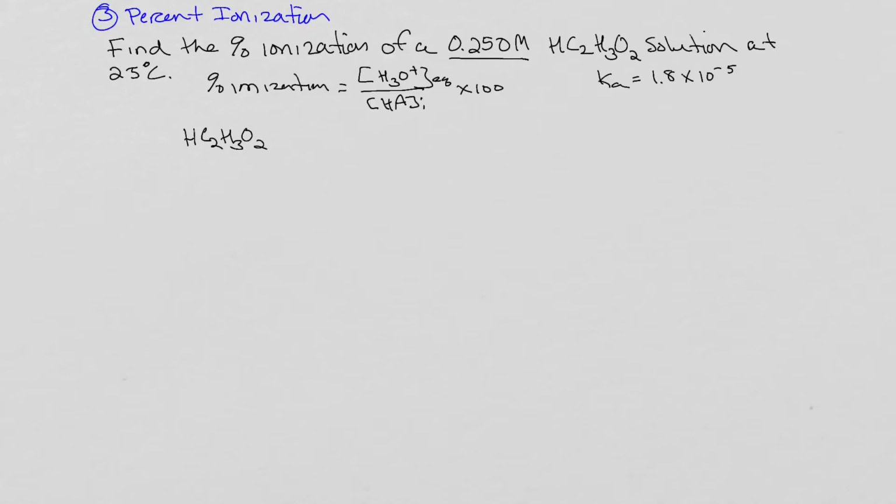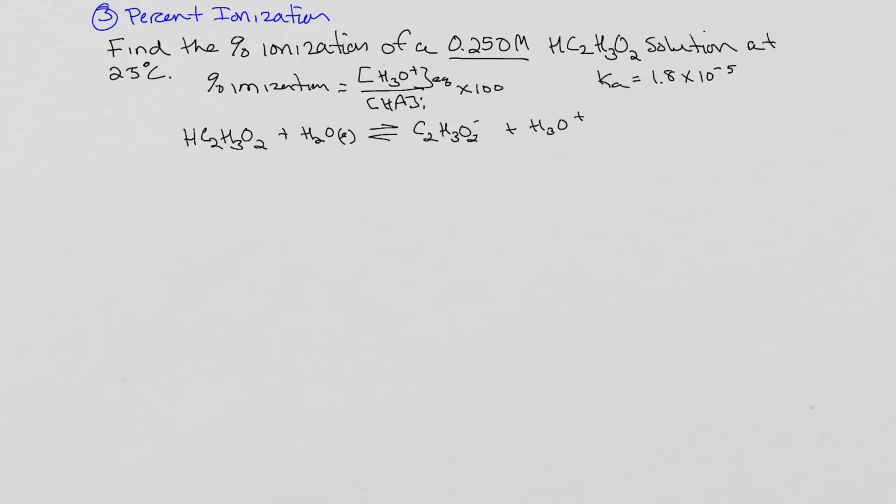HC2H3O2, and I'm just going to dispense with the aqueous. We should know now that it's aqueous, and we should write it properly, but just to make it a little bit quicker here, I'm not going to write it. The water is, of course, in the liquid phase, and this is in equilibrium with our conjugate base, the acetate ion, plus, of course, hydronium ion.